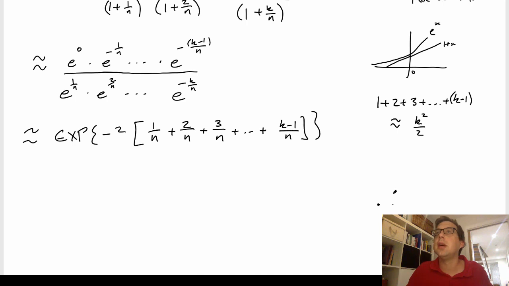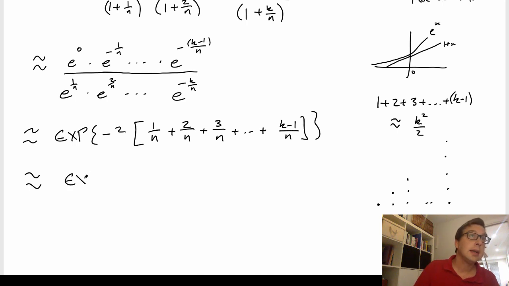We've got 1 plus 2 plus 3 all the way up to k points here, and we're essentially constructing a triangle. So the sum of these terms should be roughly equal to the area of the triangle, which is the square of the length divided by 2.